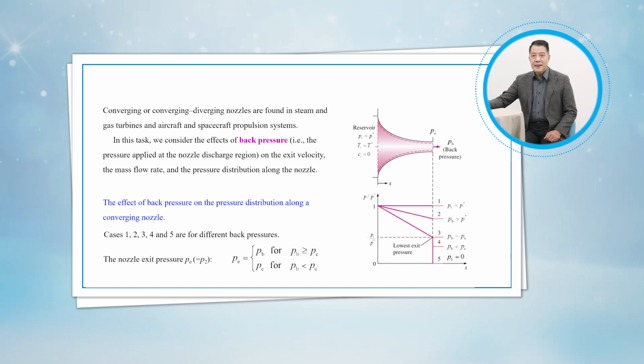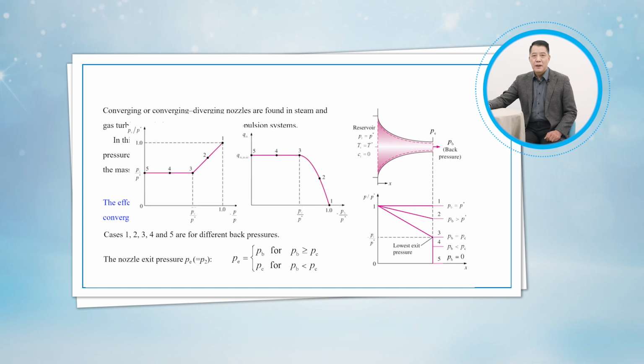The nozzle exit pressure PE and a plot of mass flow rate versus P2 over P asterisk for a converging nozzle is shown in figure 9.8.